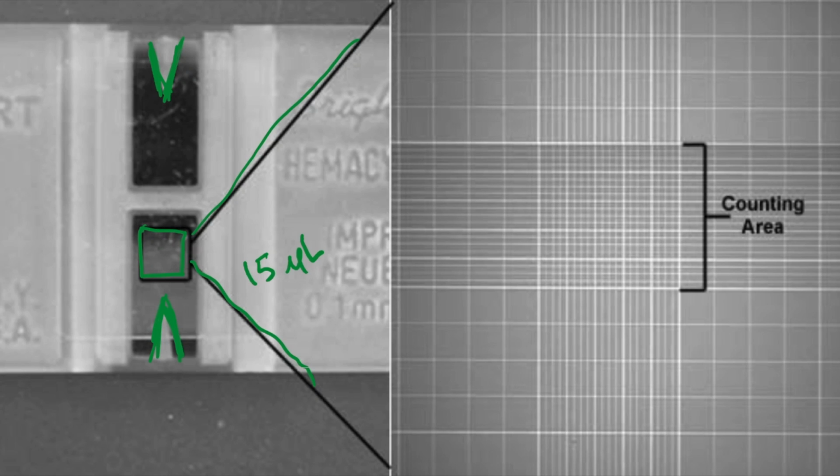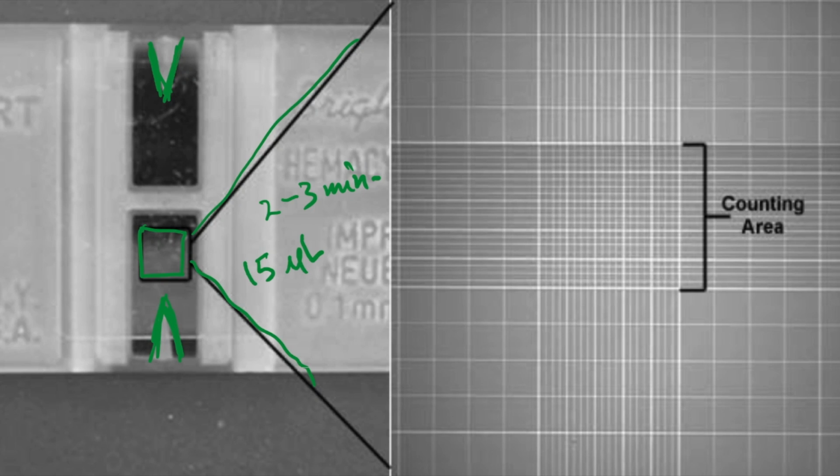So you would use a pipette to load the sample in these chambers, and then you would allow it to settle for about 2 to 3 minutes. You allow this time so that the sample settles down very nicely.